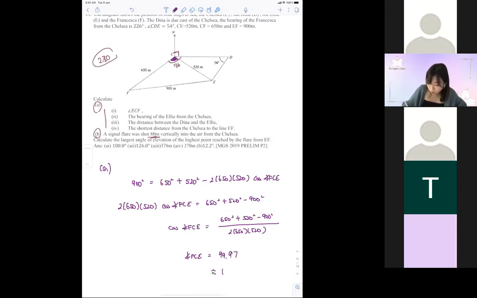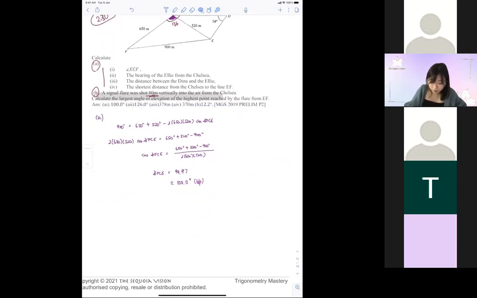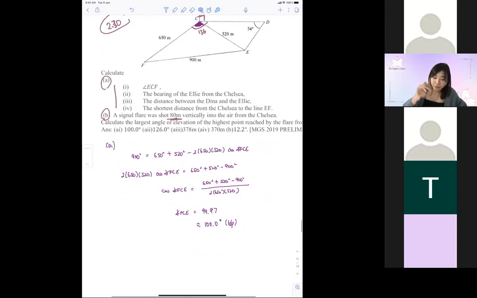You round off to 100.0, always 1 dp. Then we are done. So this is your cosine rule.